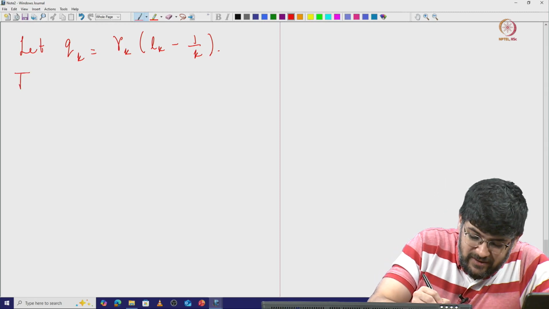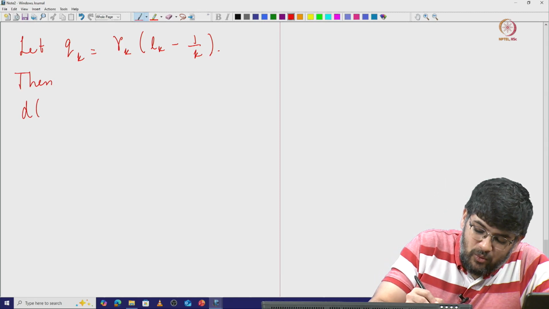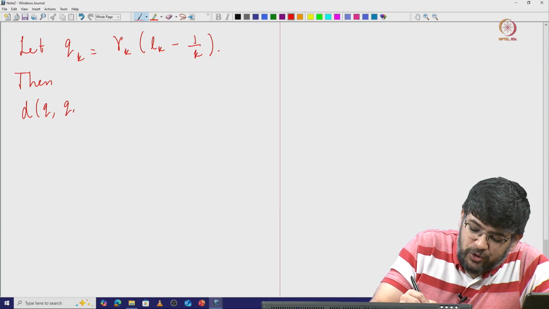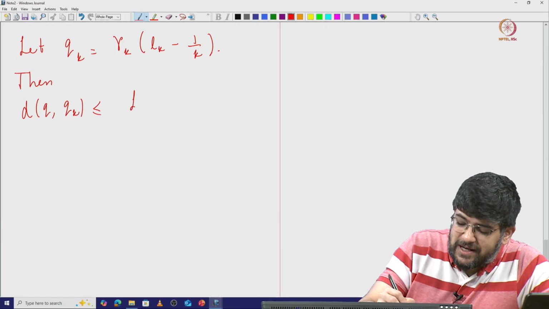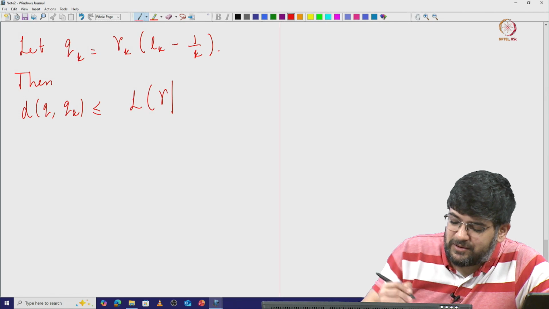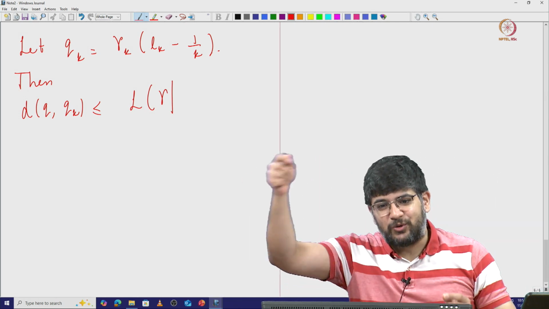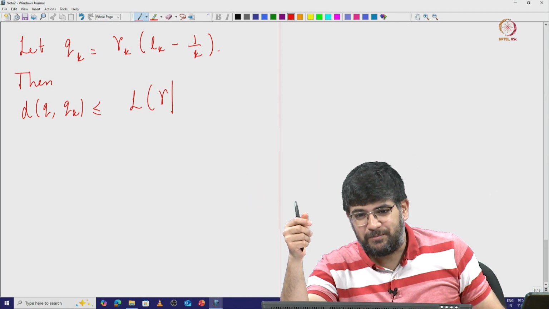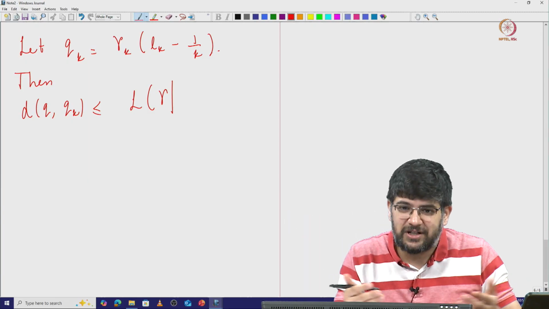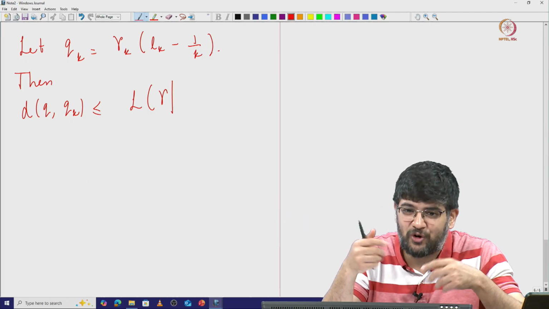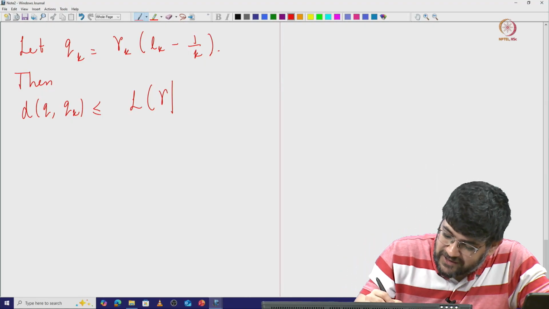Then the distance from q to qk will obviously be less than the length of the part of gamma which connects qk to q, because by definition the distance is the infimum over all possible paths connecting these two.